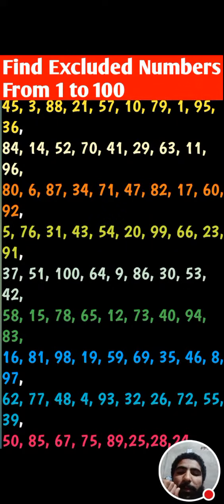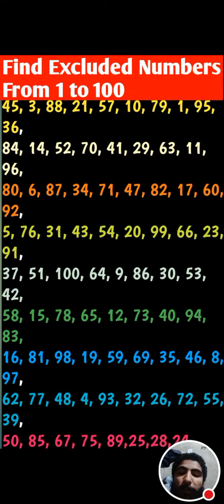It means that the first number that is missing from 1 to 100, not included, it means it is an excluded number among these numbers.